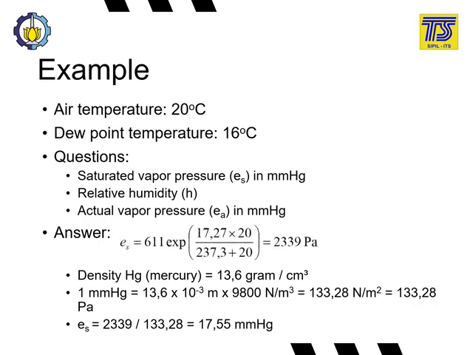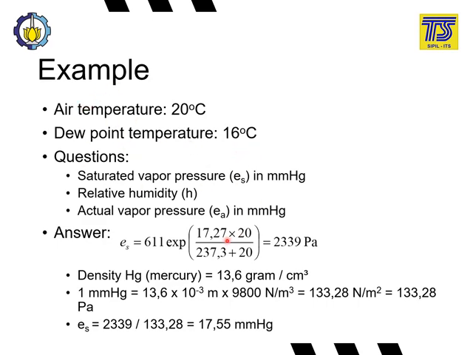For example, here we have data of air temperature and dew point temperature. The question is we have to calculate the saturated vapor pressure first, then the relative humidity, and then also the actual vapor pressure. From this data, we have the air temperature and dew point temperature.